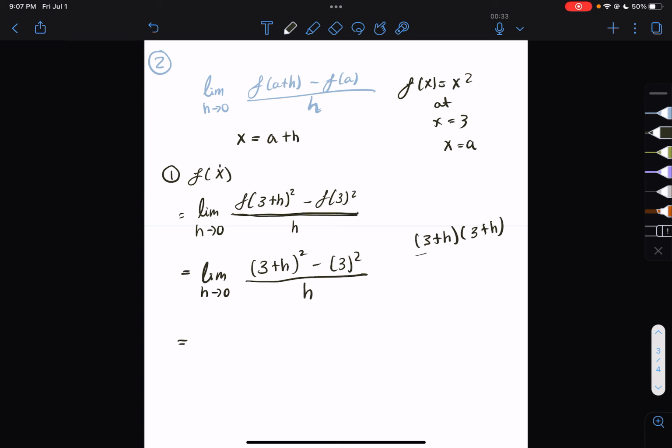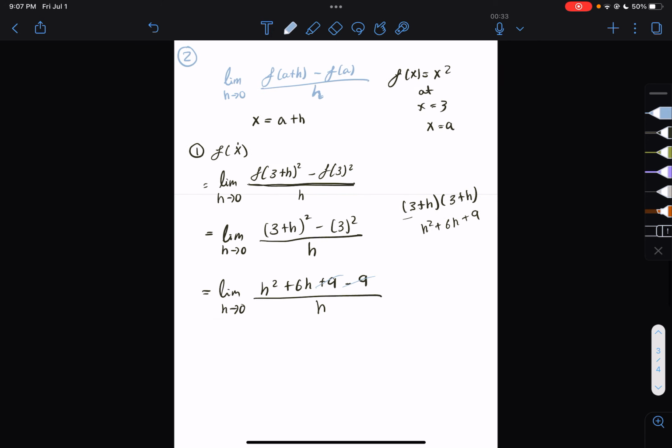But pretty much it's going to be h squared plus 6h plus 9. So we have here, just write so you don't get confused, 6h plus 9 minus 9. So all over h, don't forget that.